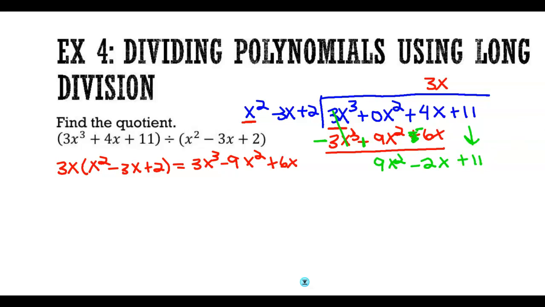Let's go back to where we were with the first step, x squared and 9x squared. So x squared times what would give me 9x squared? That would give me 9. And let's distribute.